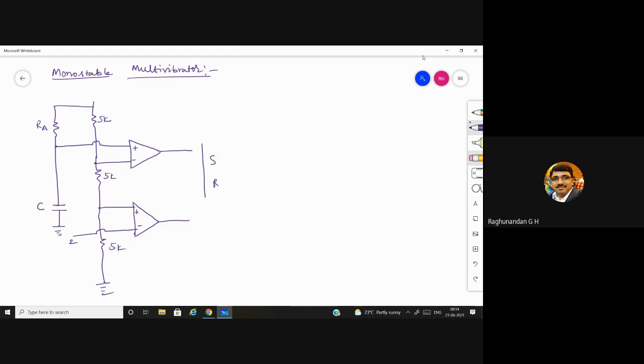Again, we have an SR flip flop, with Q and Q bar; one will be connected to the reset pin, and the other will be connected to the set pin.